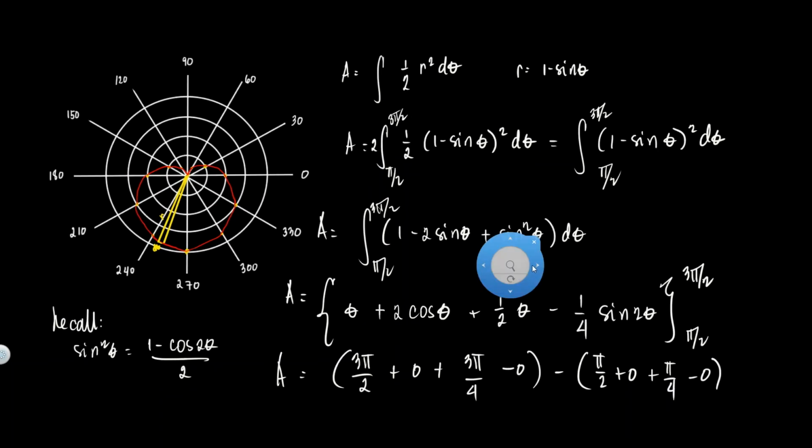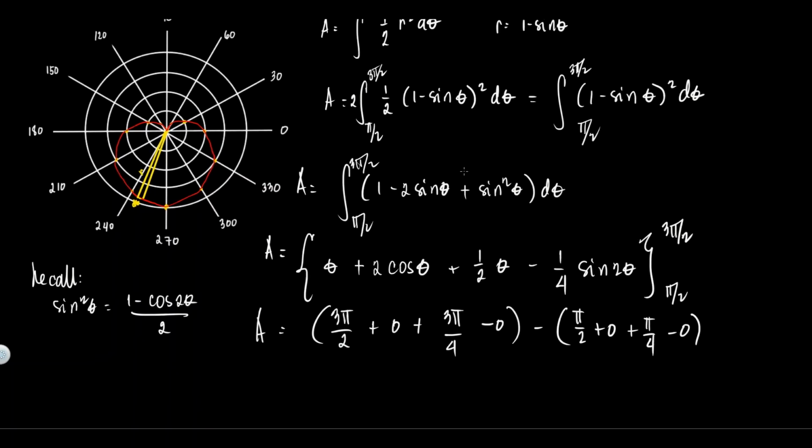So, what is the area? So, the area is, yan ay natira, no? So, 3 pi or 1.5 pi minus pi over 2 or 1.5 pi minus 0.5 pi. So, pi na lang, no? So, 1.5 minus 0.5, that's 1 or pi na lang natira. Ito naman, 3 pi over 4 or 0.75 minus 0.25 pi over 4.